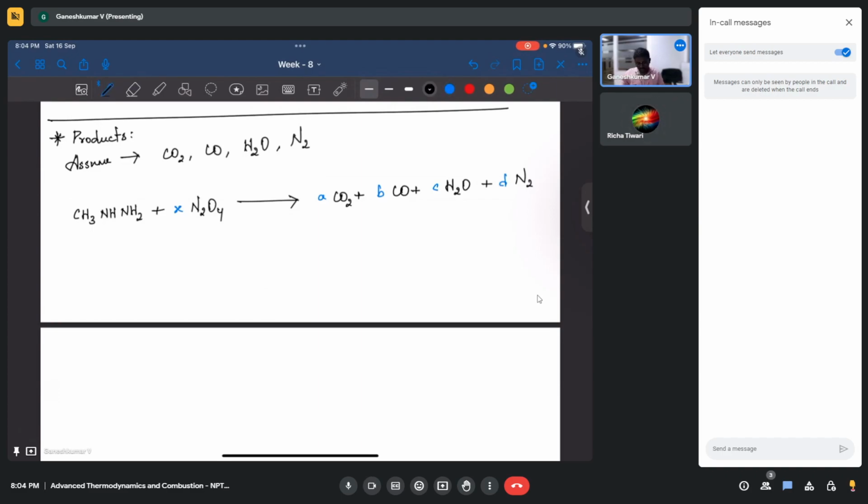Now what we also know is the oxidizer to fuel ratio, which is equal to 2, which is going to be mass of oxidizer by mass of fuel.